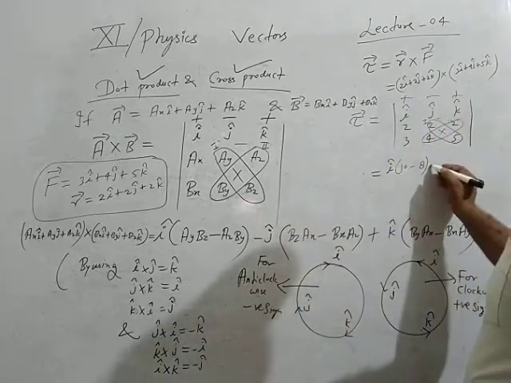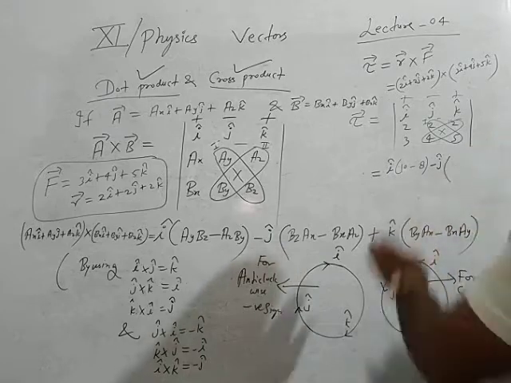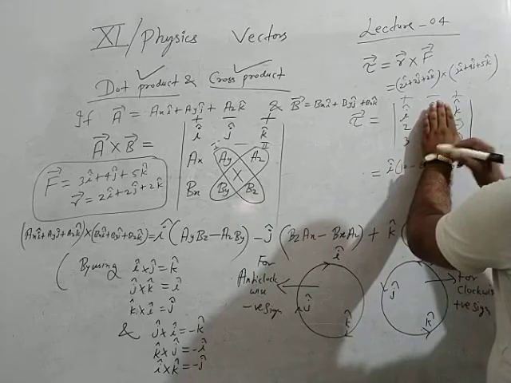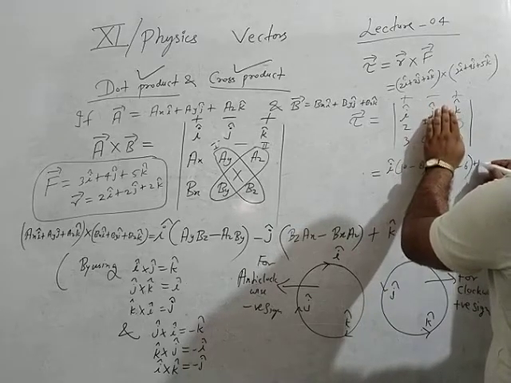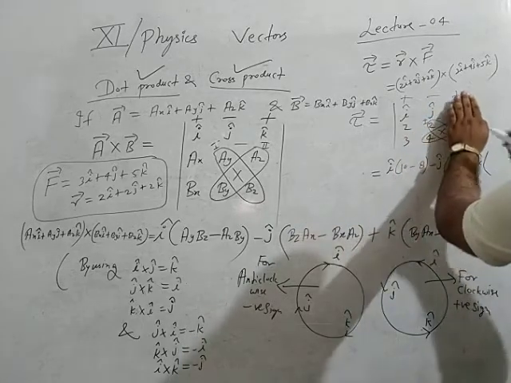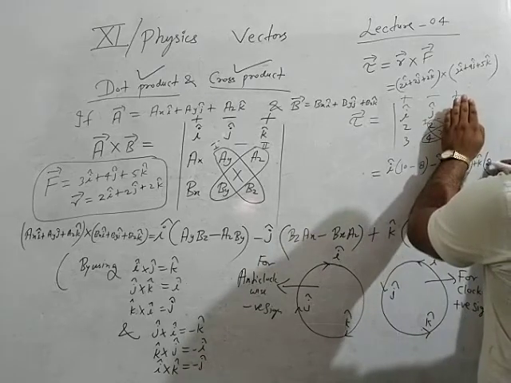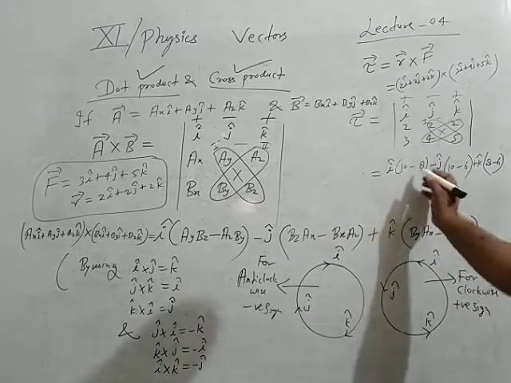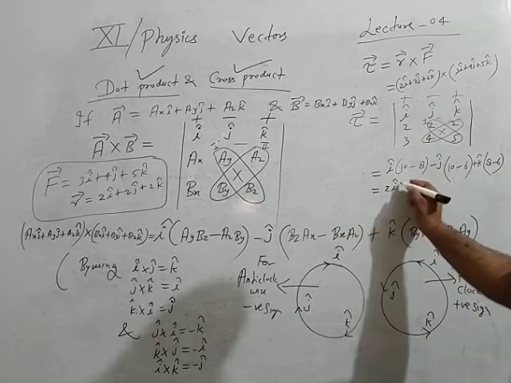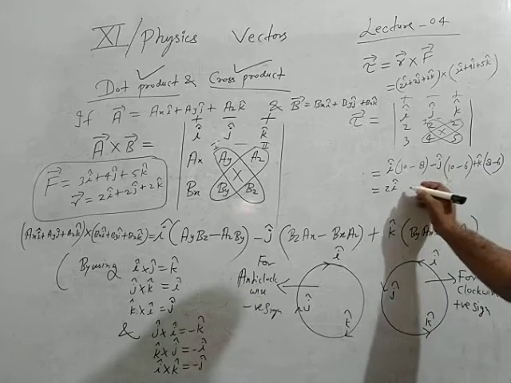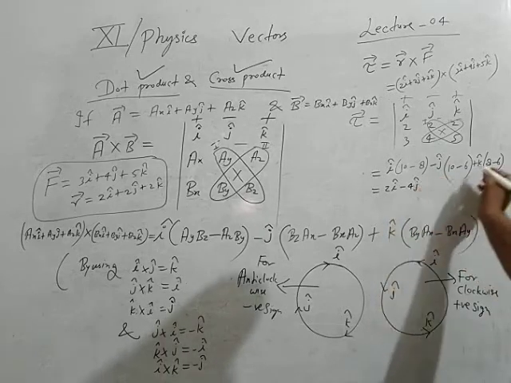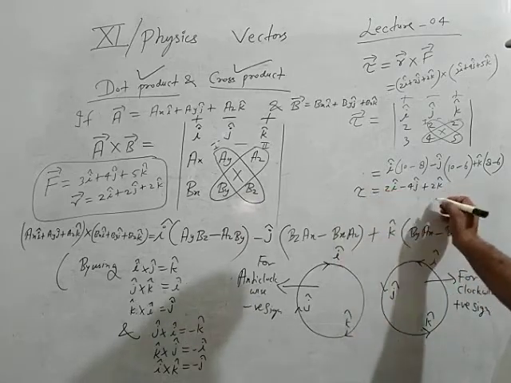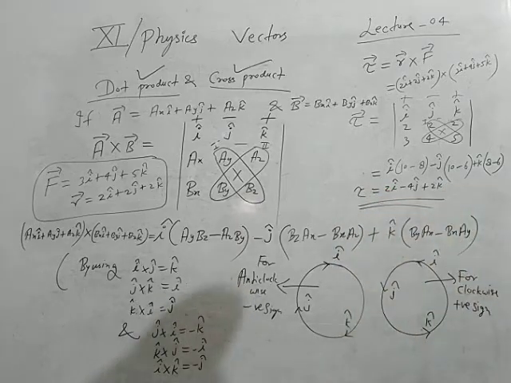So after this minus j, and closing this one, then this one will be 5 times 2 is 10 minus 3 times 2 is 6, and plus k, and this one 4 times 2 is 8 minus 3 times 2 is 6. Clear? So here 10 minus 8 means 2i, and here 10 minus 6 means 4, so minus 4j, and 8 minus 6 means 2k.